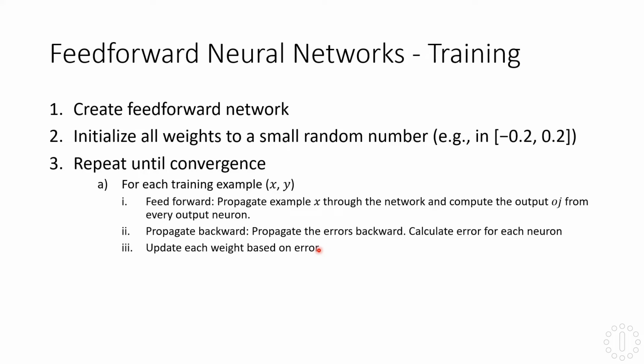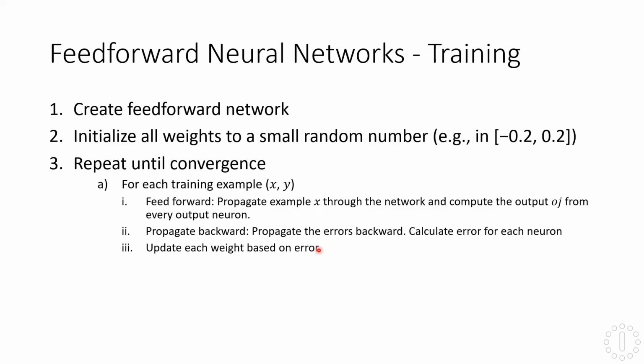We want to know whether the current classification is correct, and if it isn't, we want to propagate the error backwards and update the weights. In doing this, we want to minimize the loss function.